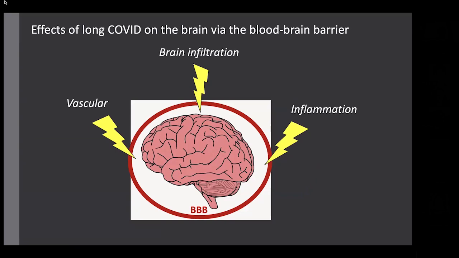Among those top hypotheses include vascular dysfunction, viral persistence, including infiltration of viral particles into the brain, as well as inflammation and immune dysregulation. And what's interesting about all three of these top hypotheses is that they could all theoretically influence brain health by disrupting the blood-brain barrier.